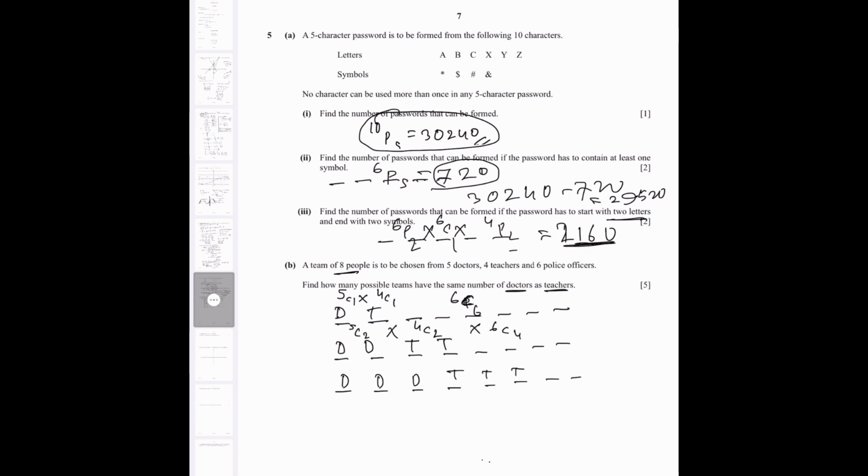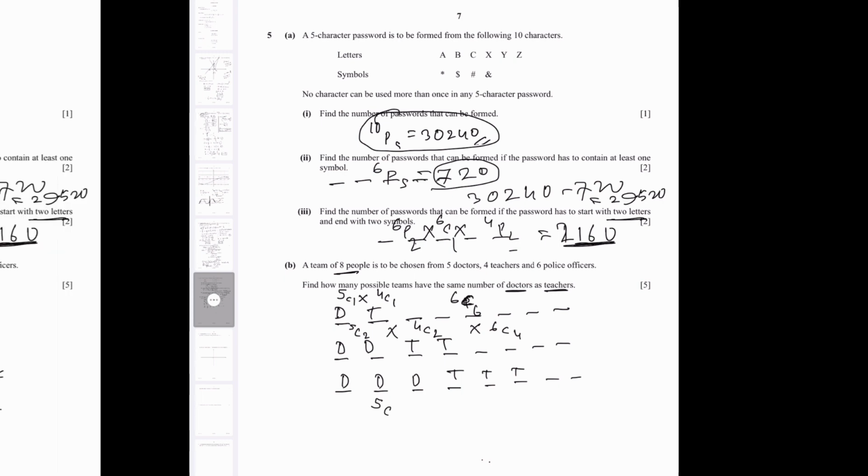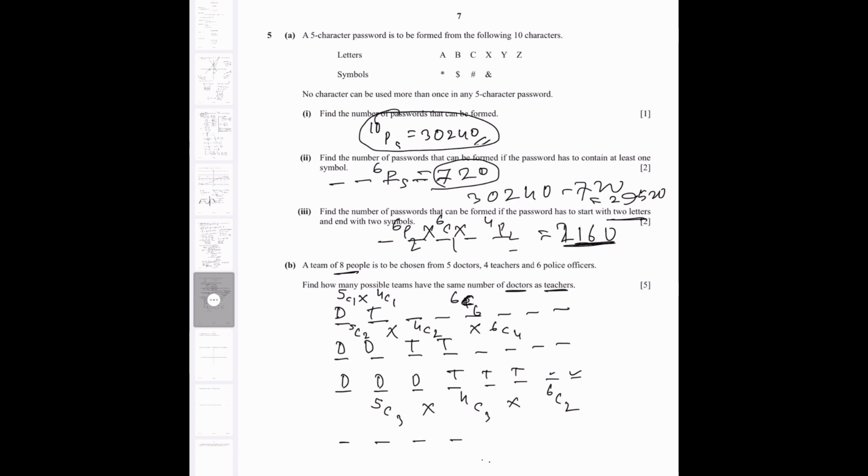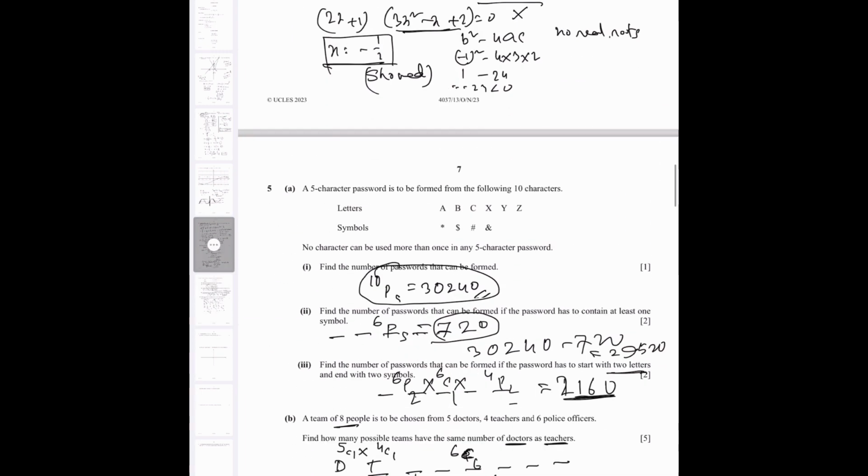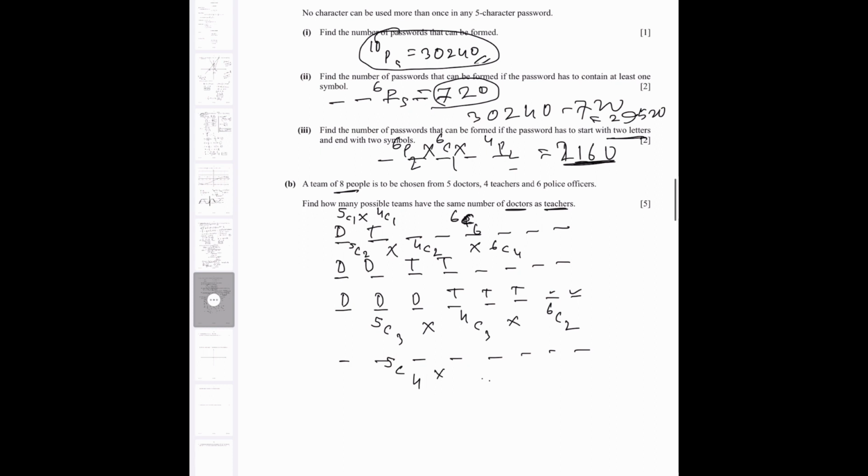Then the final option is from 5 doctors I can take 4, from 4 teachers choosing 4, so total 8, so no police officers are necessary.